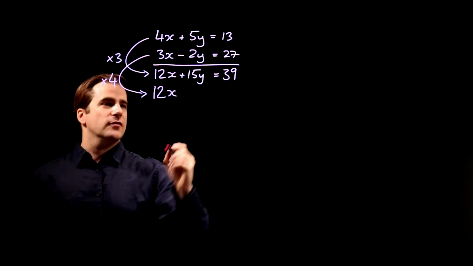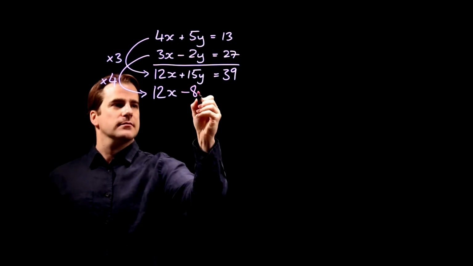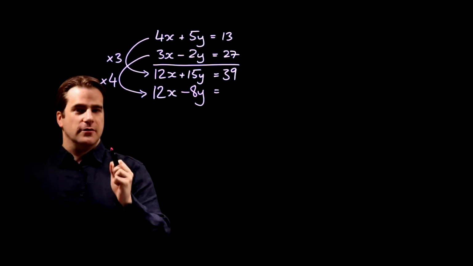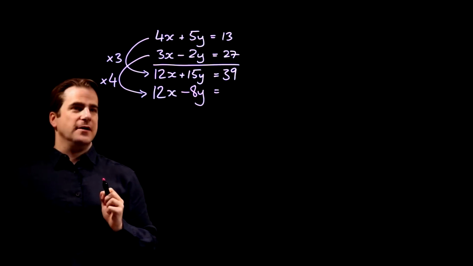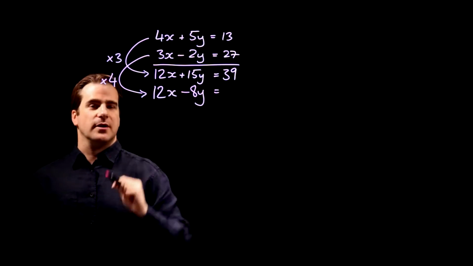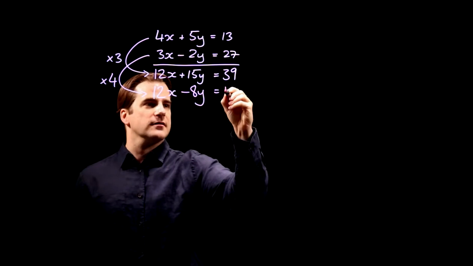Minus 2y times 4 is minus 8y, equals 27 times 4. Do this in your head. It's good for your brain. 4 20s is 80. 4 7s is 28, 80 plus 28 is 108.